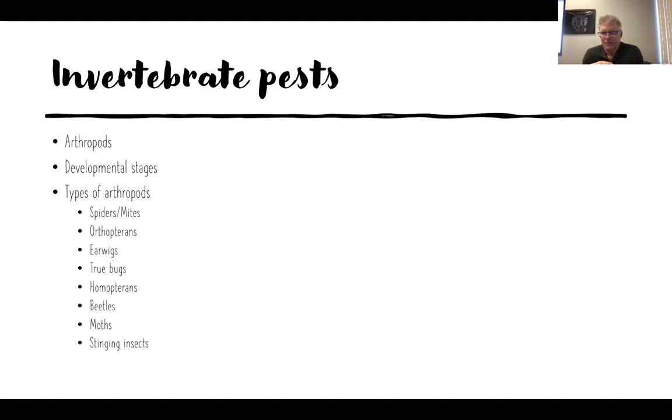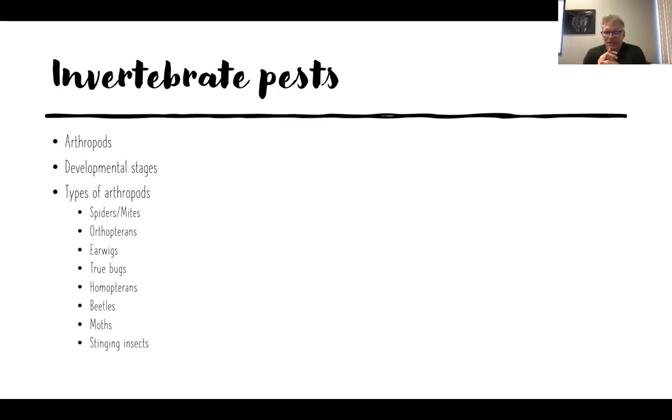And then we have moths. Moths themselves typically are not the problem. It's again that larval stage. If you go back and look at the true bugs, the hemipterans, the beetles, and moths, all of these insects at their larval or nymphal stage will create issues by feeding on the plants.